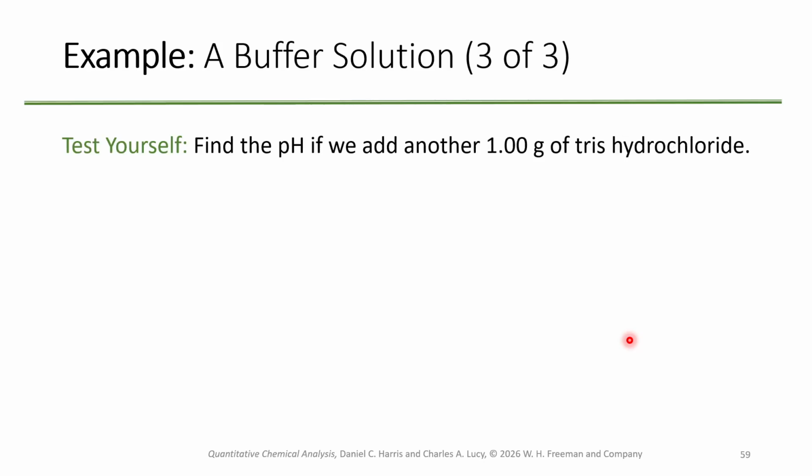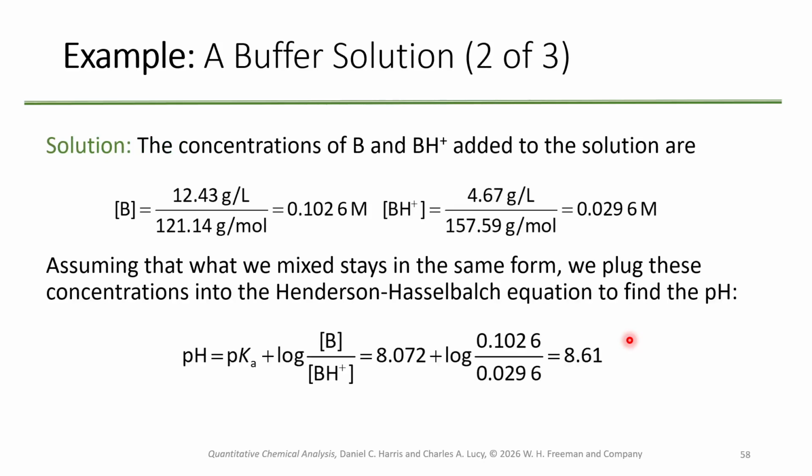Okay. Don't forget, you can also, of course, solve this with grams. You can take the molecular weight of Tris and find out the amount of moles, right? And if you have the volume, that's going to give you concentration. You can work the Henderson-Hasselbalch in moles. There's no reason that you can't, because you're forming a single solution that will have a single volume, right?